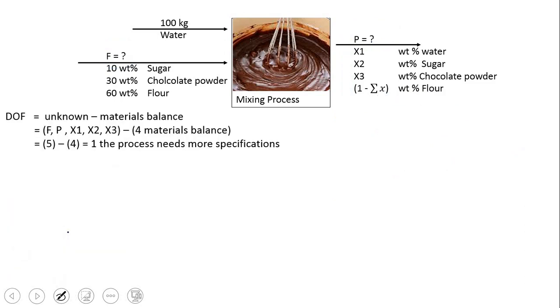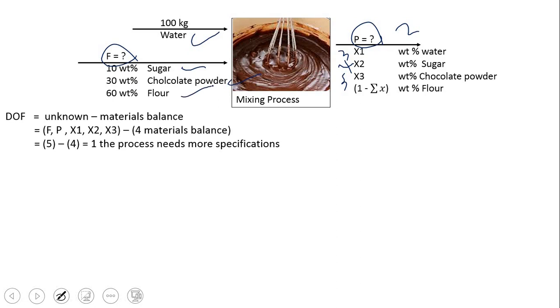So if we do the degree of freedom, as I said, we have 1, which is F, the stream entering. We have 2 unknown, 3 unknown, 4 unknown, and 5 unknown. So the number of unknowns is 5. For the material balances, we have water, sugar, chocolate powder, and flour. That's 4 material balances.